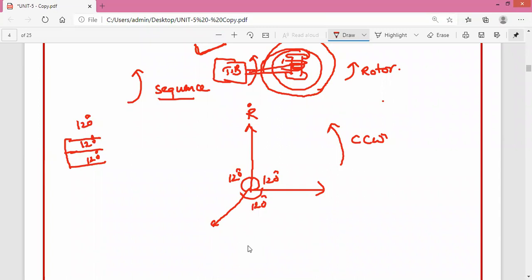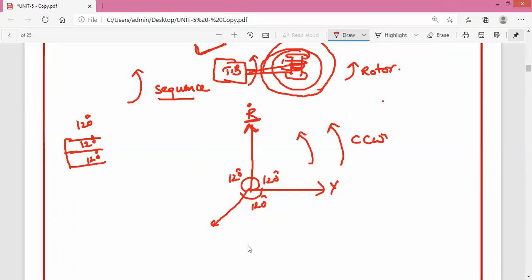When the rotor is rotating in a counterclockwise direction, the first phase which comes to me is the R phase. After 120 degrees, this phase will appear here, and this phase will appear here. Then I call it the Y phase.